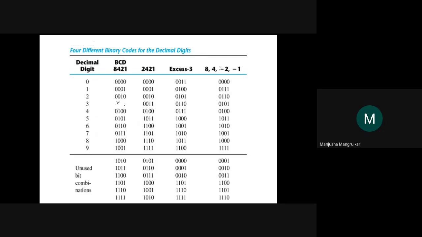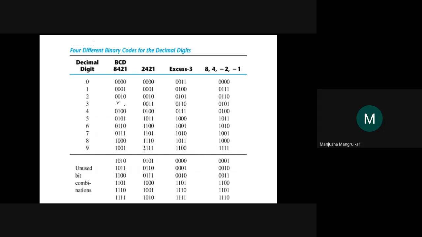So 4 minus 2 is 2. The 4 is also 1, minus 2 is also 1. So this is the BCD number of 8, 4 minus 2 minus 1. Take the 9. 9 is what? 8 plus 4 is 12. 12 minus 2 is 10 and 10 minus 1 is 9. So all three bits are 1, 1, 1.